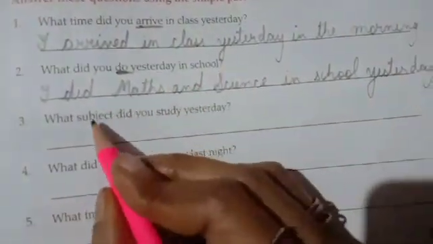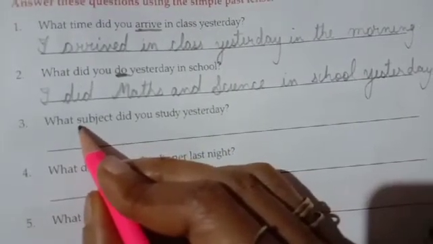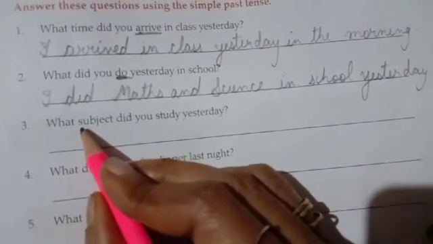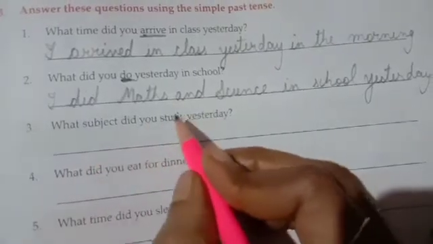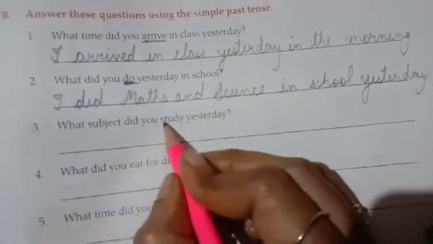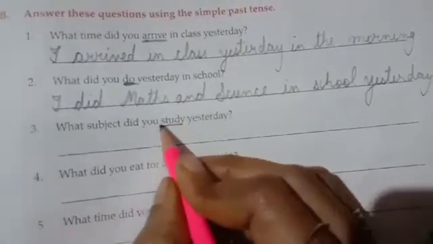Third one, what subject did you study yesterday? See, now here you can see study is given. Now you have to write the past tense of study.